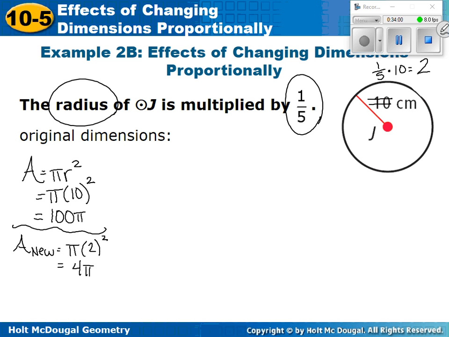Again, be careful. Where I see a lot of students go wrong is they try to say, oh, 4 pi times 25 is 100 pi, so the area is 25 times bigger. Nope, it's new divided by old. The area of the new divided by the area of the original. So what is 4 pi over 100 pi?